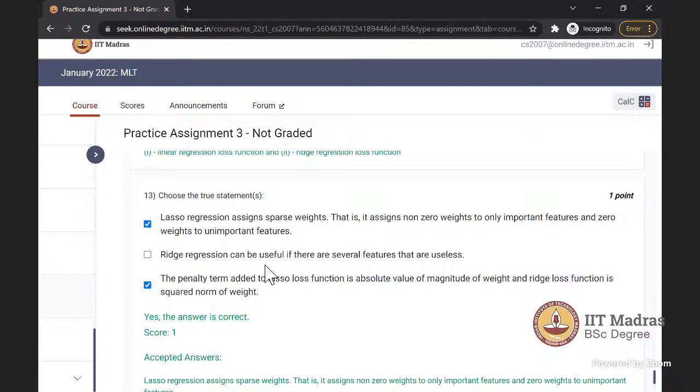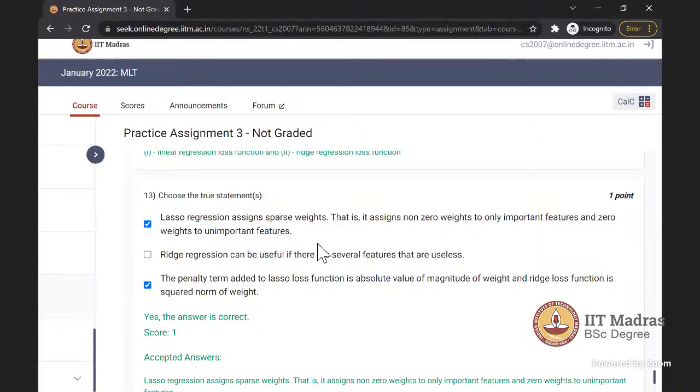And how did we do that? Let's say we have two features and the weights come out to be 10 and 0.02.